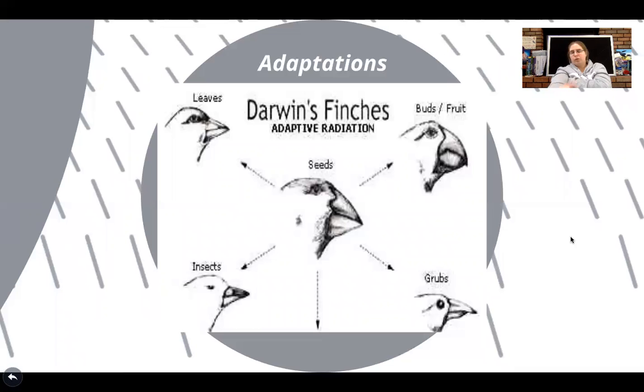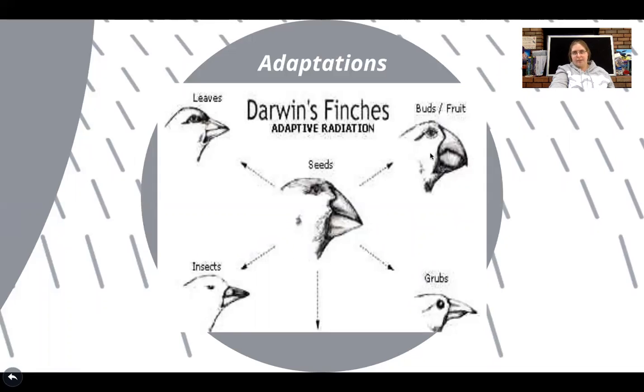So if there were larger seeds or nuts available, then finches with a naturally larger beak survived longer because they had an easier time cracking open the seeds or the nuts to get the food. So they survived longer. They had more babies than the ones with shorter beaks. As a result, the population would start switching, and you'd see more and more each generation with the larger beaks. And then over time, that would become the standard, the norm of the finches on that island.